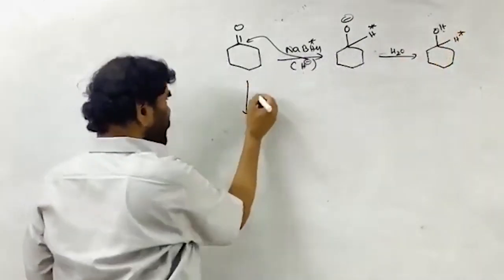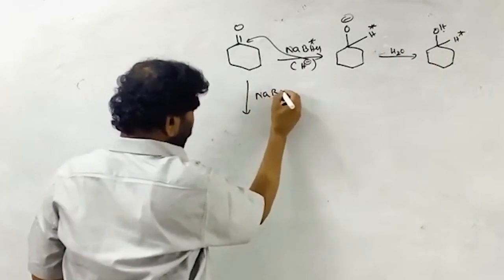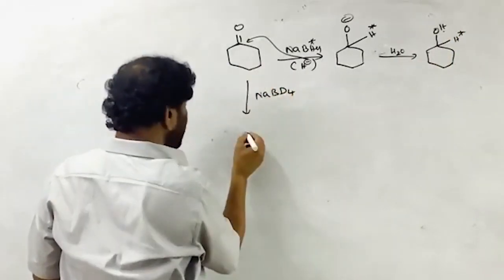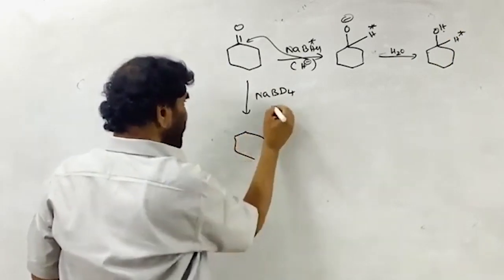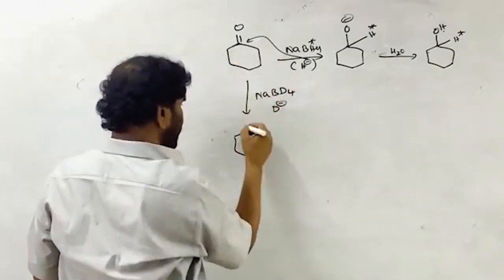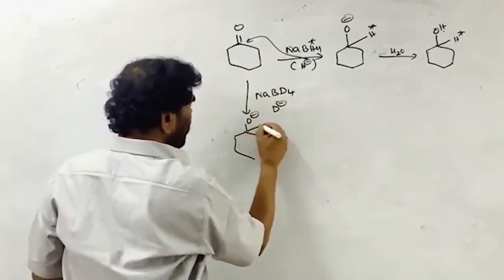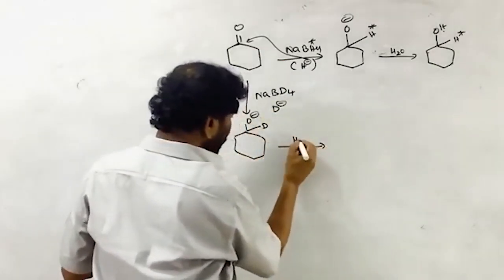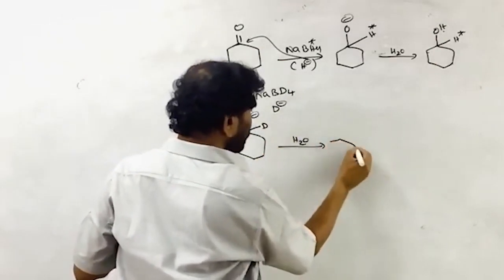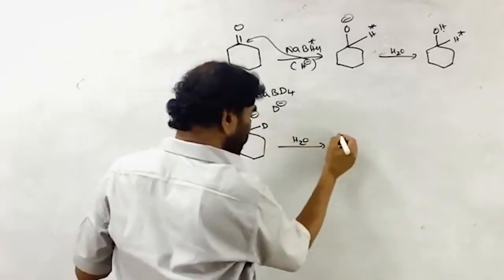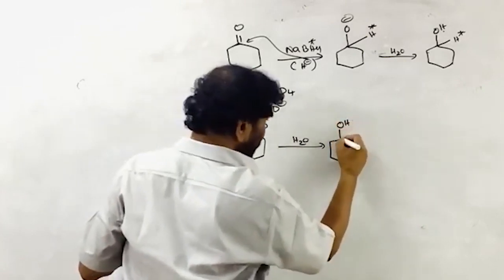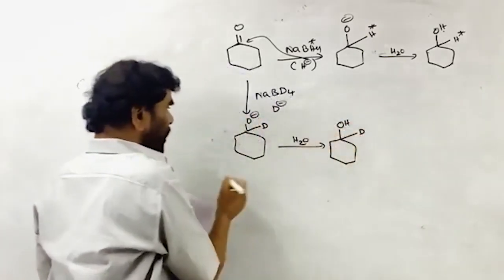Suppose it is treated with sodium borodeuteride, then what happens here? The D- ion comes and attacks here, forming the O- intermediate with D. On treatment with H2O, the hydrogen that goes to the oxygen is from water, not the deuterium. This is the product.